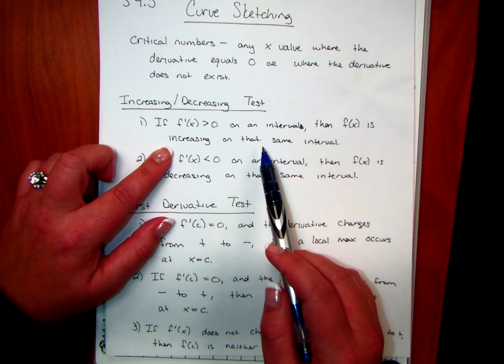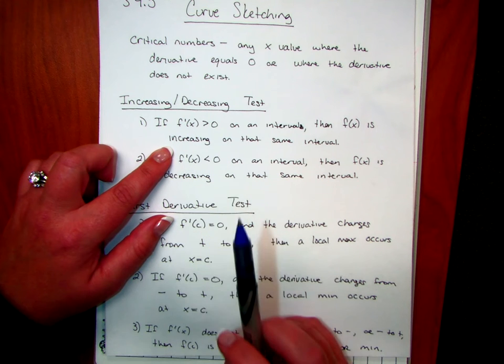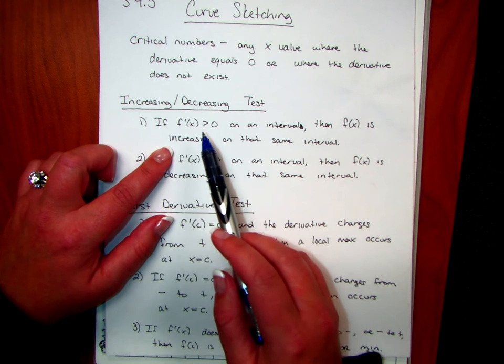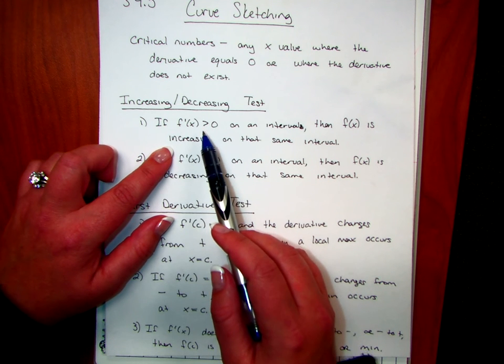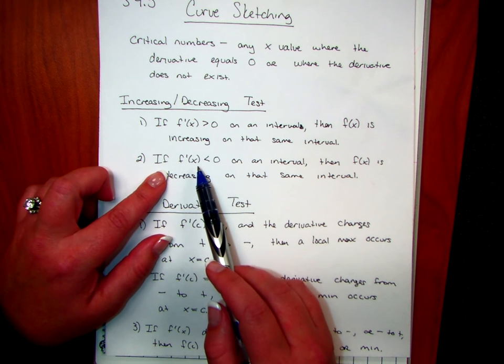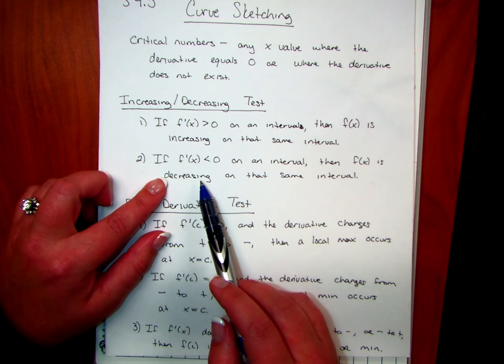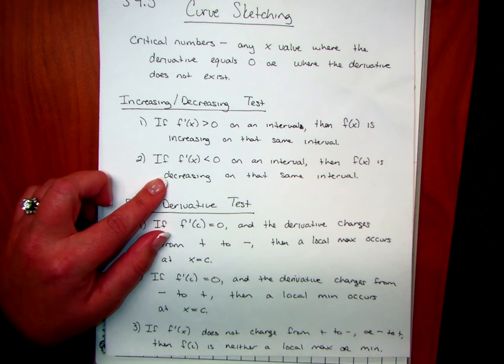We did this backward, the other direction, in section 2.7, because if the function was increasing, then the derivative was above the x-axis. But now we're going the other direction. If the derivative is positive, then the original function's increasing. If the derivative is negative, then the original function is decreasing. So here's our increasing decreasing test.